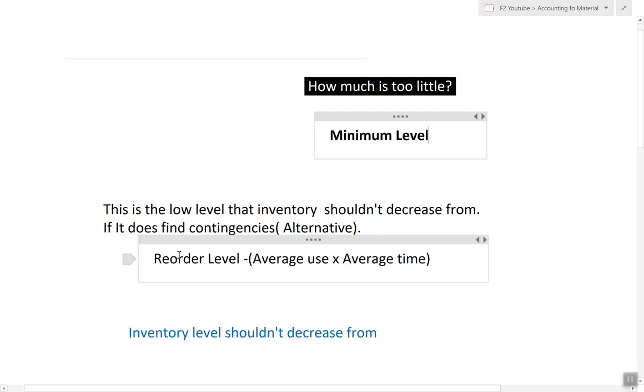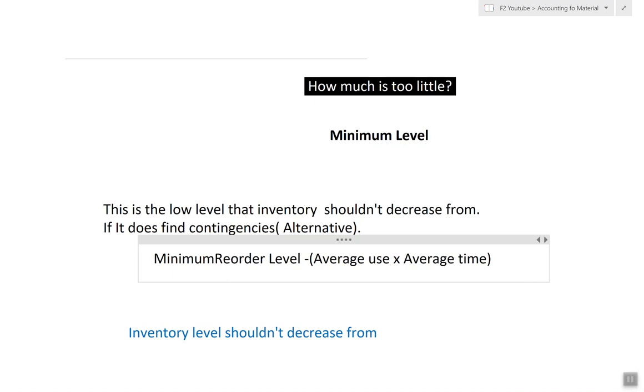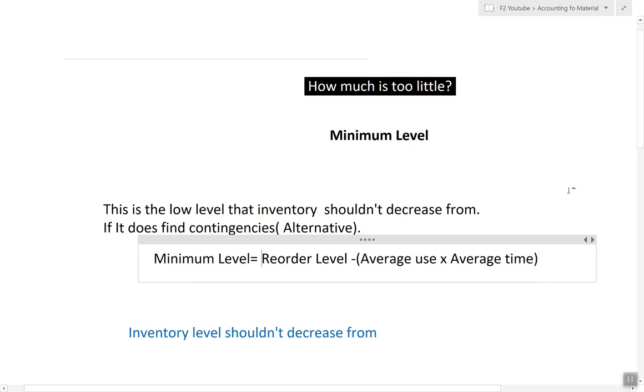So the formula for the minimum level is reorder level minus average use multiplied by average time. So the way to remember it is we use maximum. If I use maximum usage at maximum time, the answer would be 0. See, if I write here, reorder level is 1710.